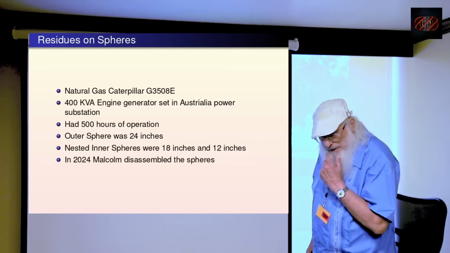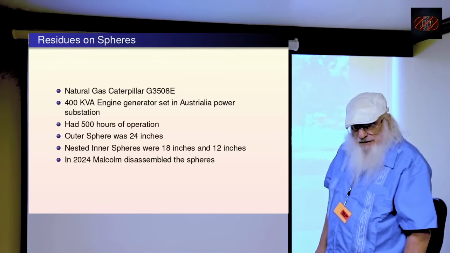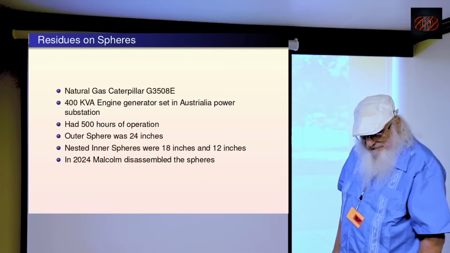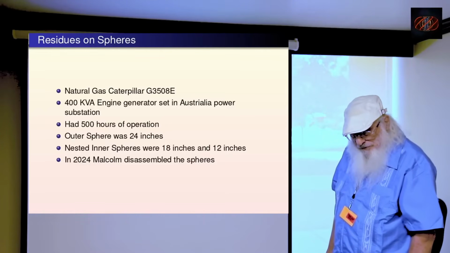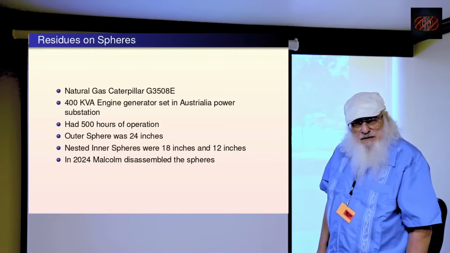We're going to take a look at a Caterpillar engine that's tied up with its generator, 400 kVA. The engine had about 500 hours of operation over a few-year period.